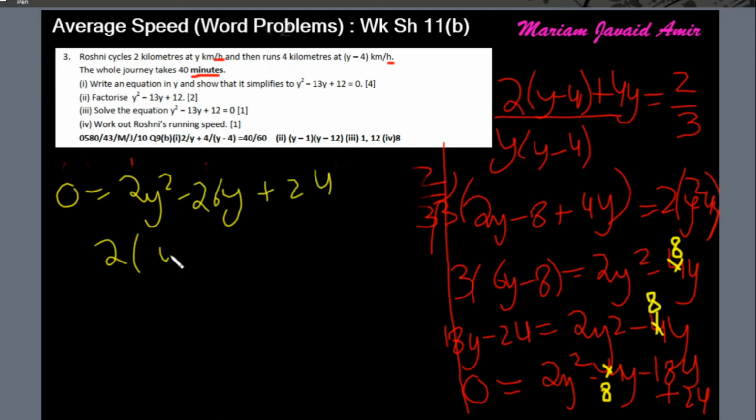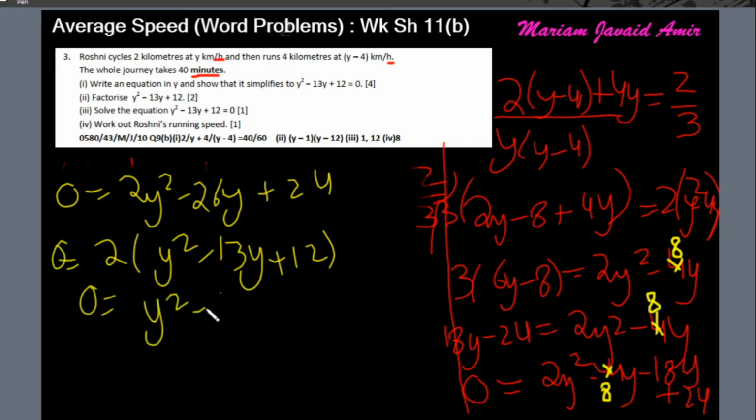When we take 2 common and divide the other side, 0 divided by 2 is still 0, and 2 gets eliminated, and we get the desired equation. That was part 1.